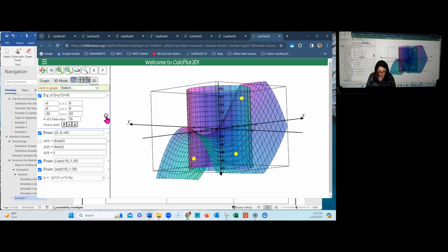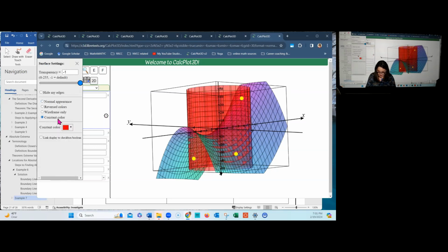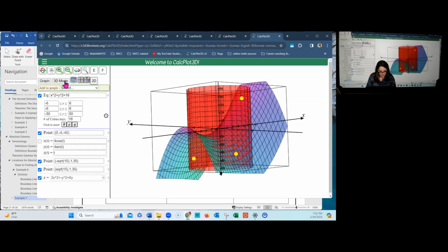When I click on the cylinder, let's make it a constant color, but still see-through, if that's even a word. And I'm going to use a BSP tree, triangulated or not triangulated, to smooth out the edges where they intersect. And I did that by clicking on 3D mode.